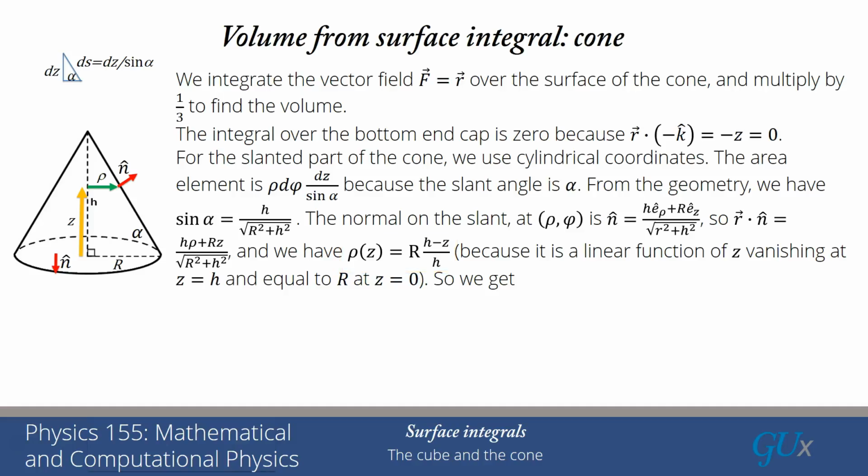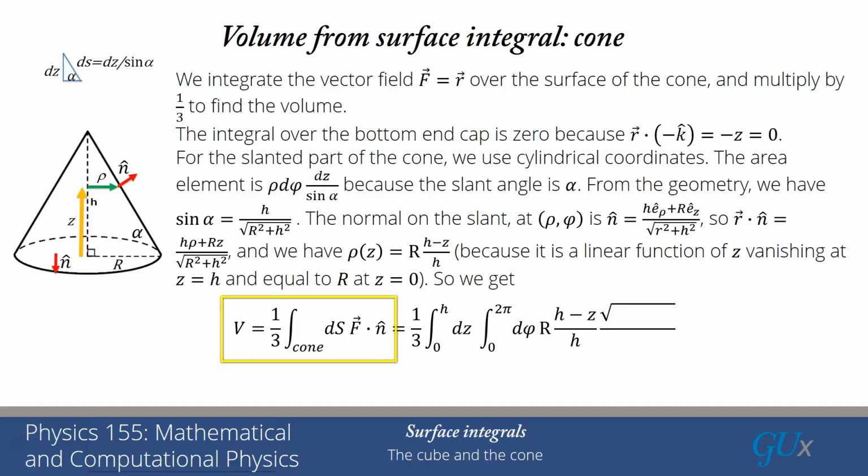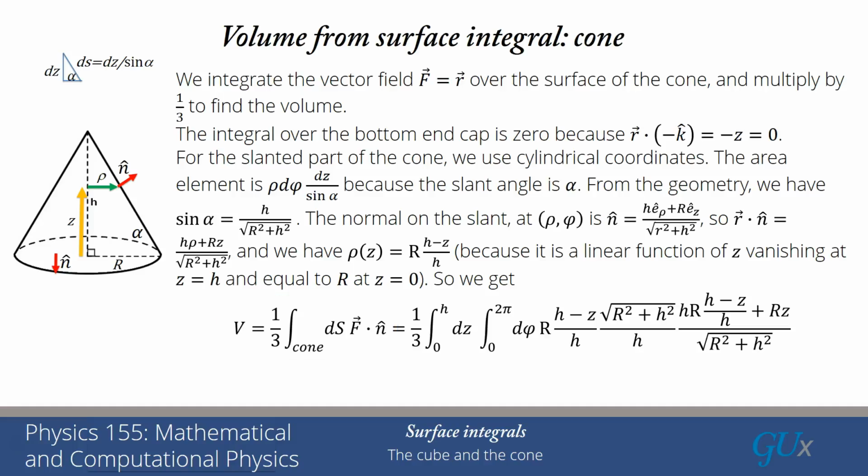Now we're going to put this all together to get out the integrand, and there's lots of terms. So we have the volume is 1/3 the integral over the surface of the cone of F dot n hat, and that is equal to 1/3. Now I have to put in my surface volume elements. I'm going to have an integral from 0 to h dz and an integral from 0 to 2 pi d phi times rho.